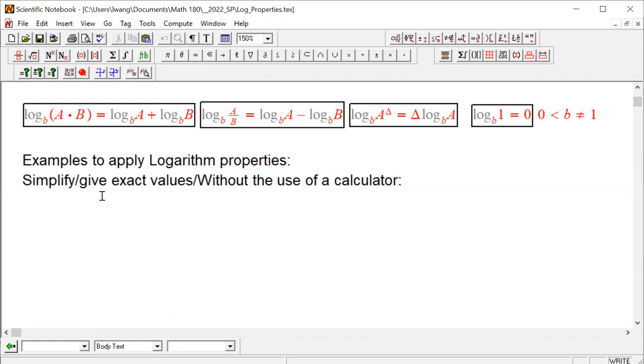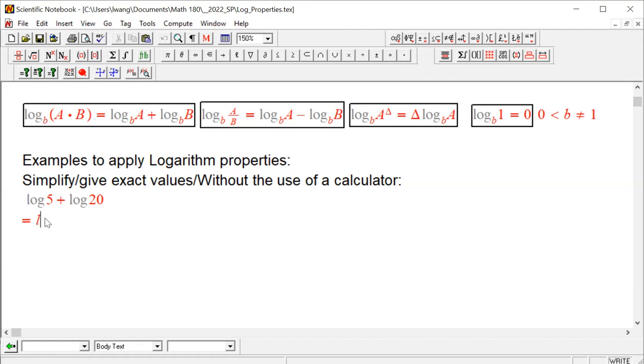You certainly have flexibility. Okay, for example, I want to simplify common log 5 plus common log 20. What does that equal? Well, I think of this property, so I use it from right to left.